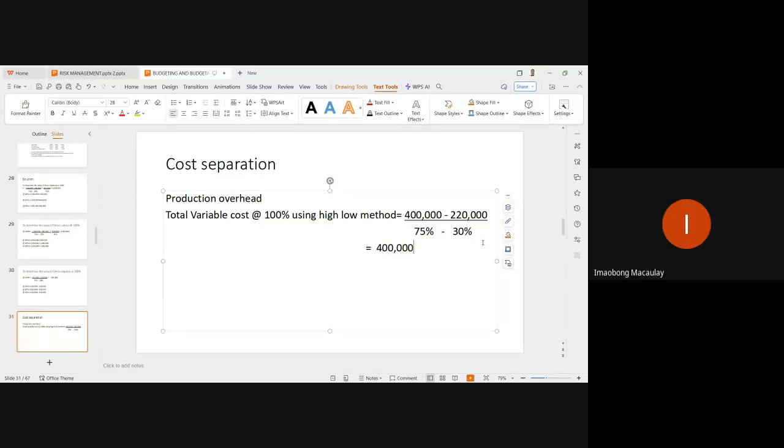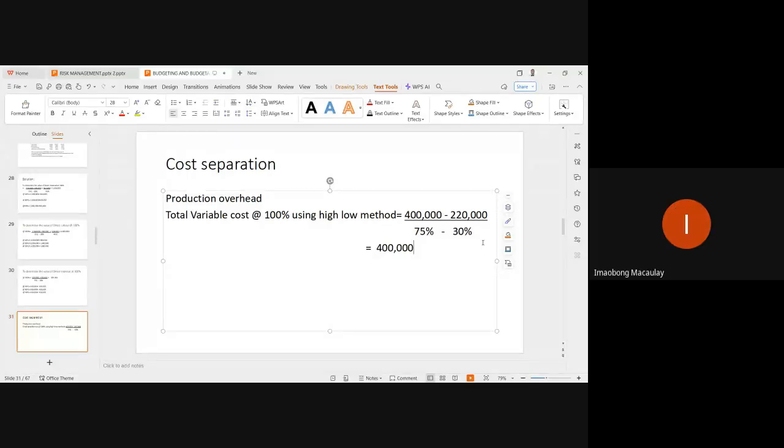Sir, I don't understand what you are saying, please. This value of 400,000, what is the value? It is your total variable cost at 100%, right? Okay. But we were saying that it is mixed.